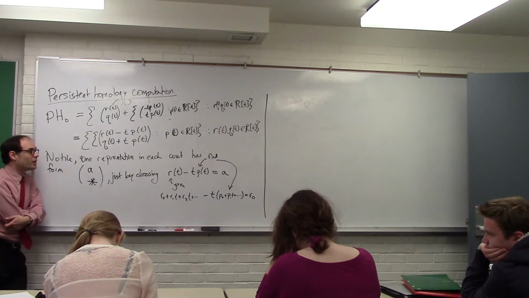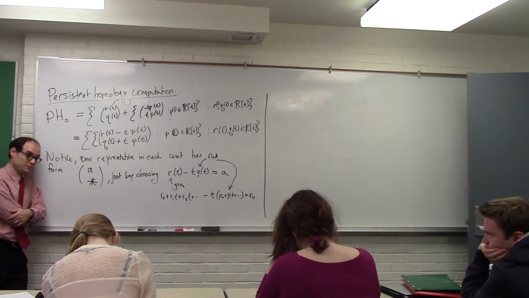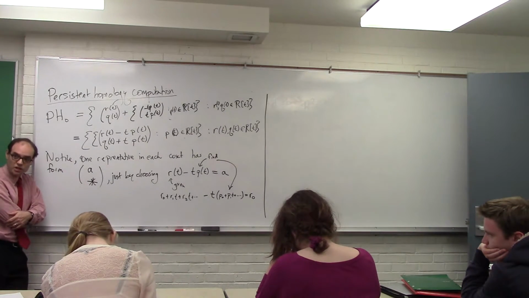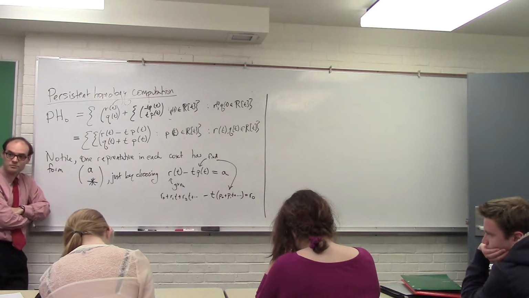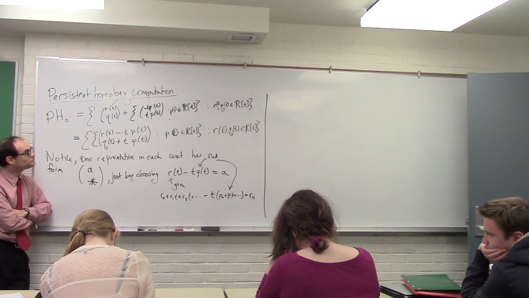In exactly the same way we did at the beginning of the course with vector spaces, by looking at the cosets. But now things are a little bit more subtle because we've got these degrees floating around, causing some problems.